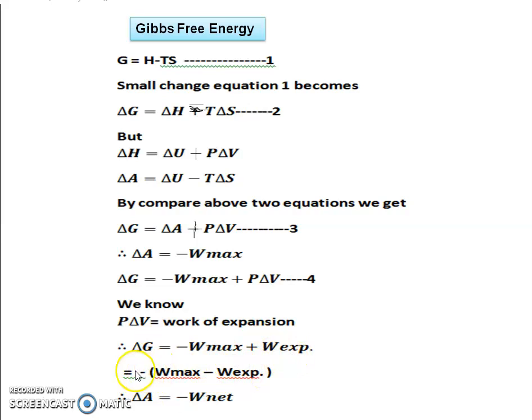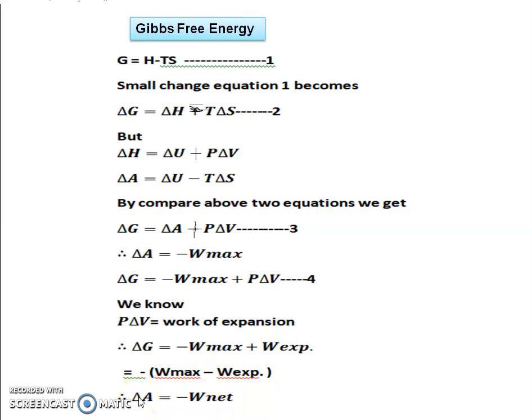Therefore minus W max minus W expansion is the net work function.